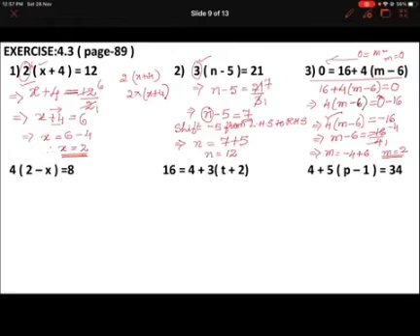Okay, now in this problem, 2 - x = 8. So you can simply shift -x also. I'll show you that method also. So shift -x to RHS, but at the same time shift 8 to LHS, simultaneously.